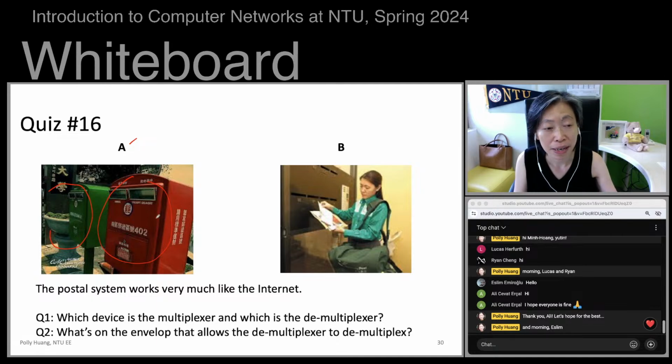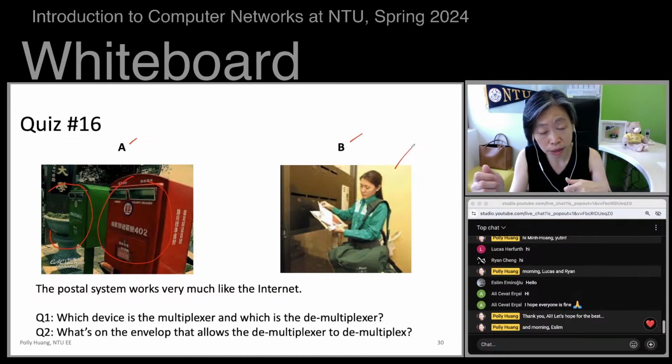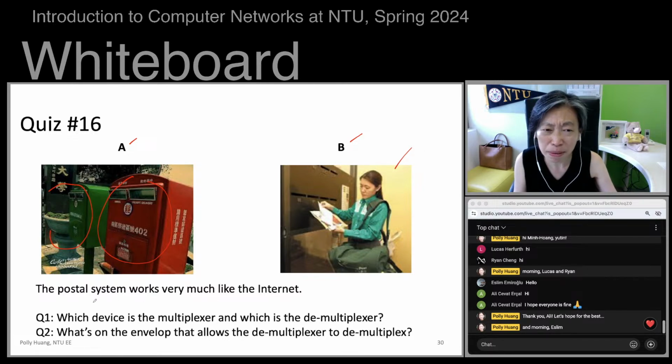On the other side, we have B. This is a mail lady. What she's doing is sorting the letters and packages so that they can be dropped into the individual mailboxes that go to individual households. So you can probably imagine that the postal system works very much like the internet already.